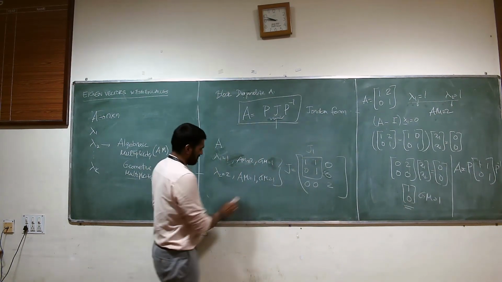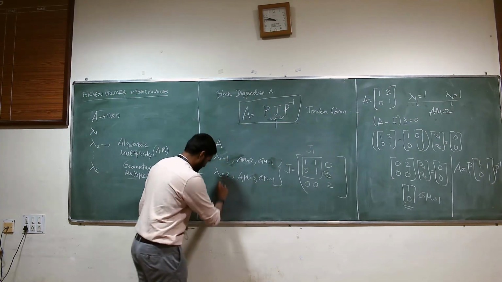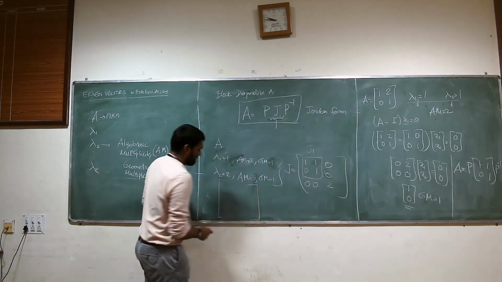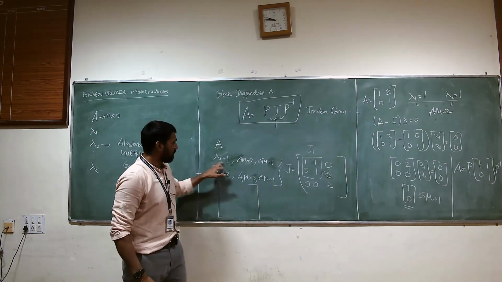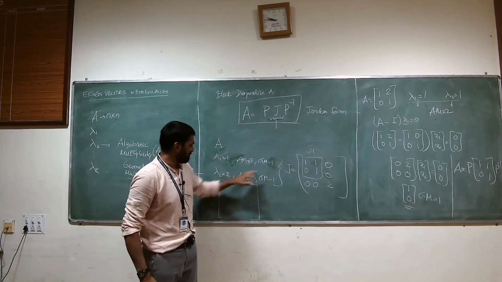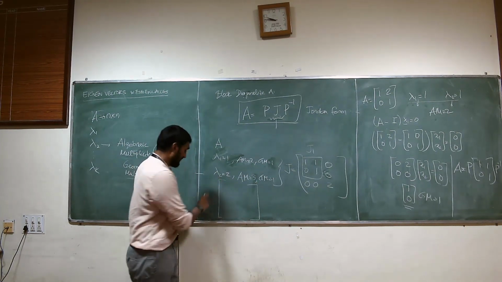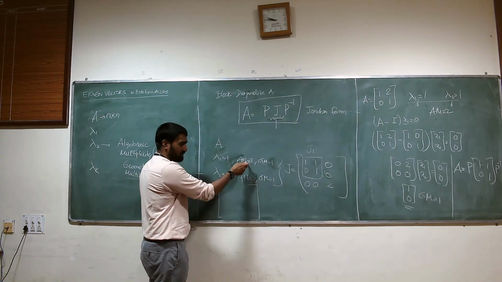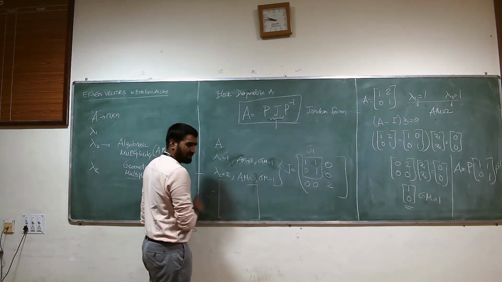Okay. What about this? What will be the size of this matrix? Lambda 1 has AM of 2, GM of 1. Lambda 2 has AM of 3 and GM of 1. It will be 5 cross 5 because there are 5 eigenvalues, 2 ones and 3 twos. And what will be the elements here?